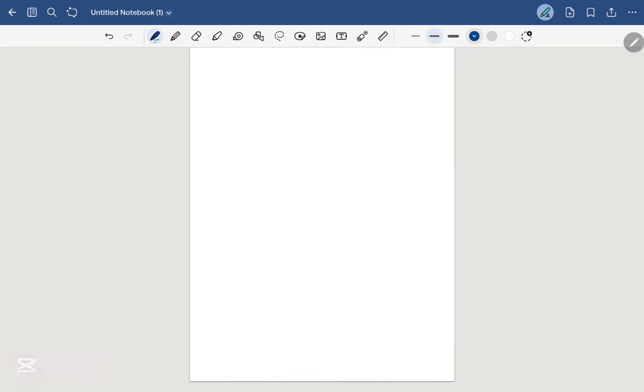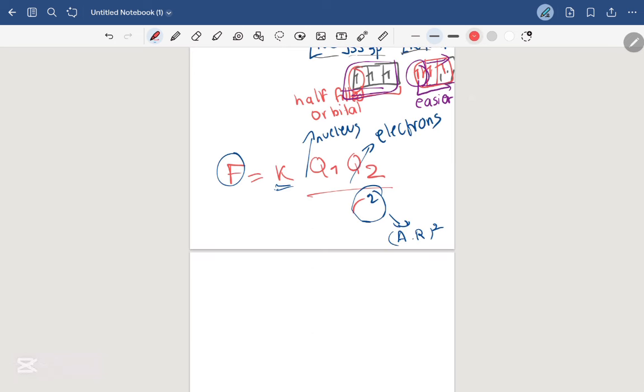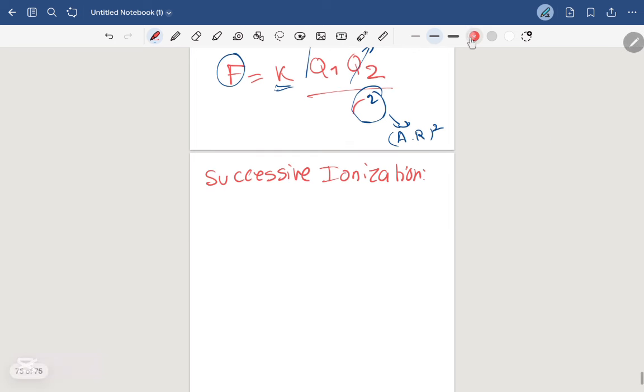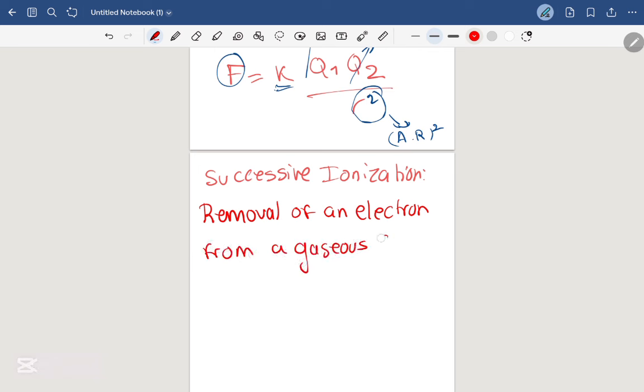So now we move on to something called successive ionization. First of all, ionization energy is the removal of an electron from a gaseous atom. But successive ionization is the removal of an electron from a gaseous cation of positive 1 charge.